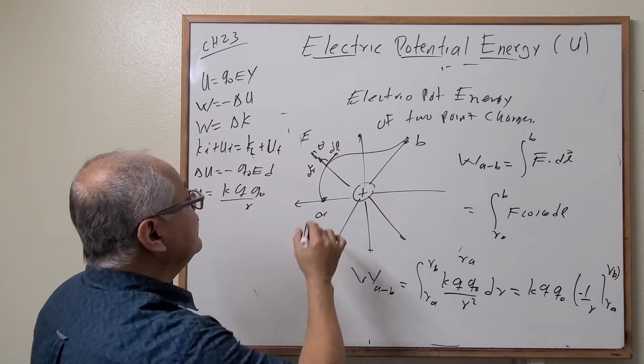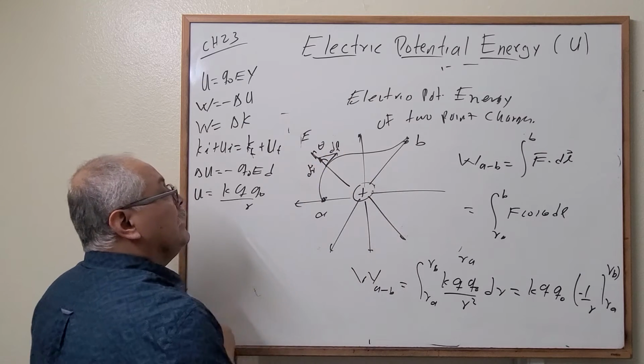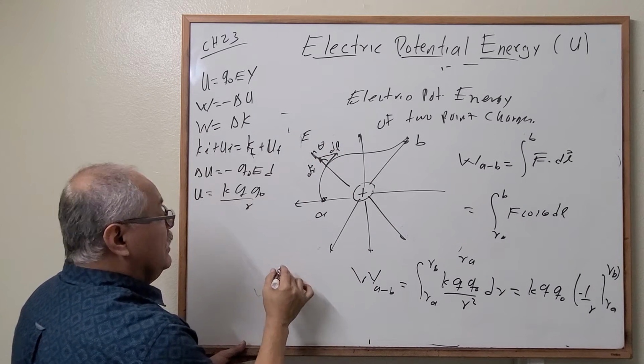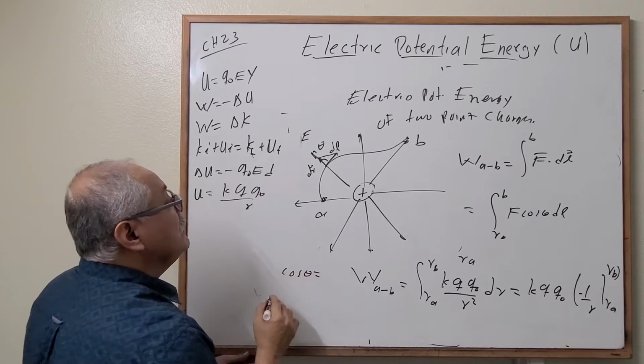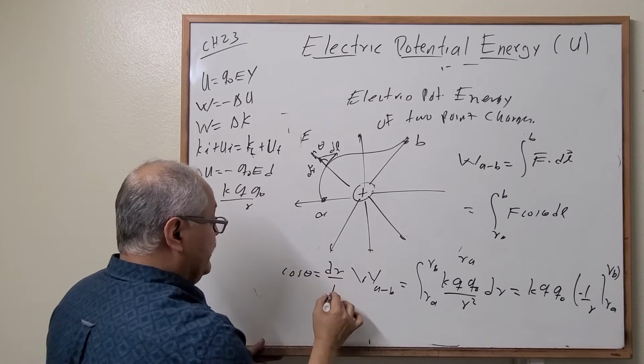Correct, but from the figure, this is theta. From this triangle we have that cosine theta is equal to dr over dl.